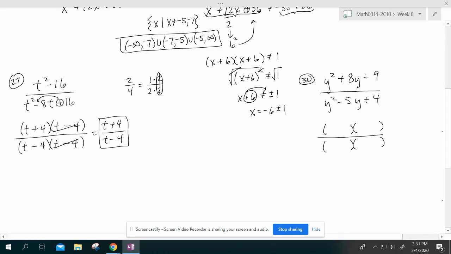Can you read the signs? The top's going to be different, but the bottom signs are going to be the same. They're both negative. And then we got y's all around. Don't ask me why.